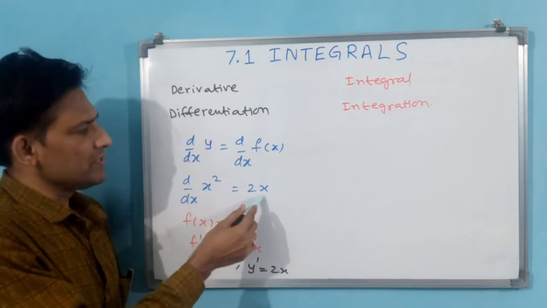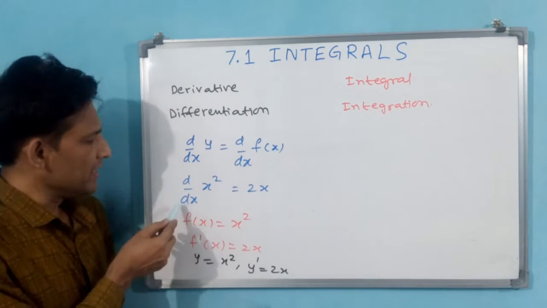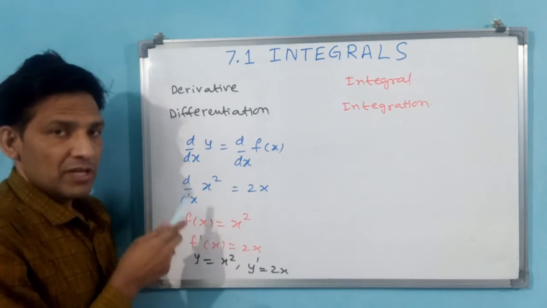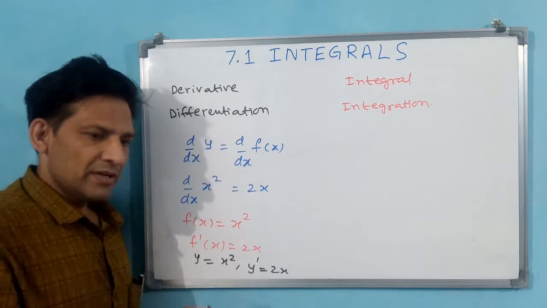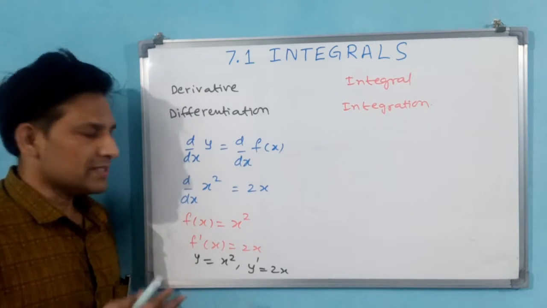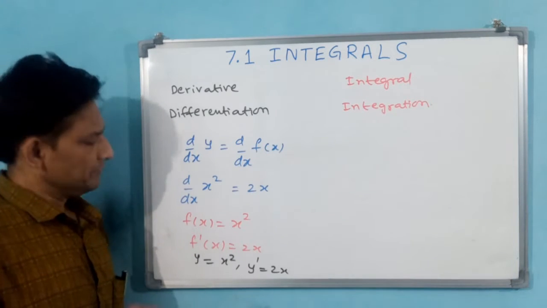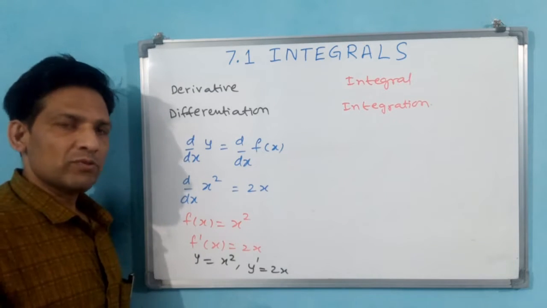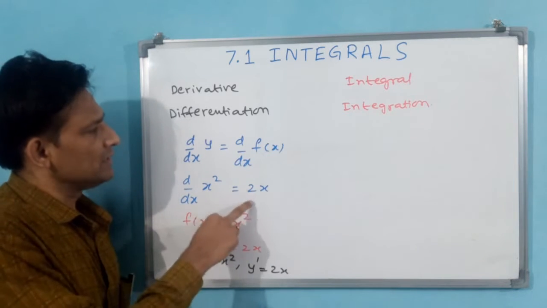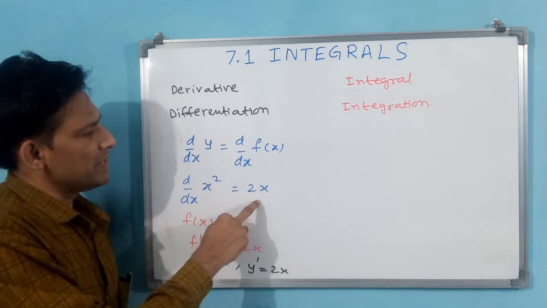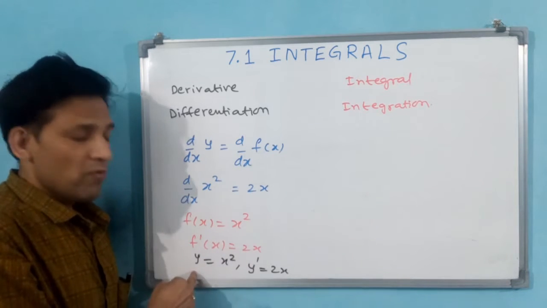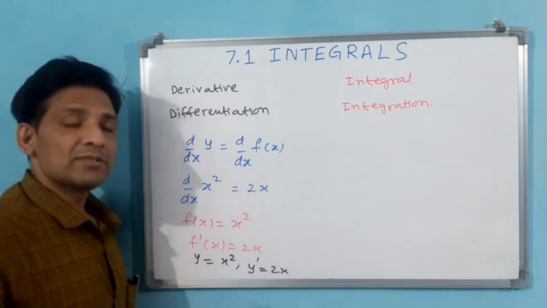That is equal to, this is the result, 2x. Here dx is in the denominator, because rate of change with respect to x will always be in the denominator. F of x is equal to x square, but f dash x is equal to 2x.